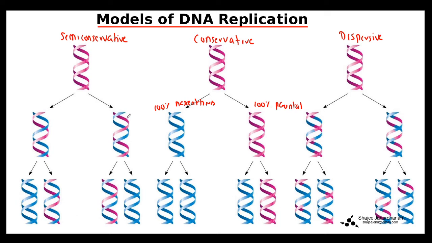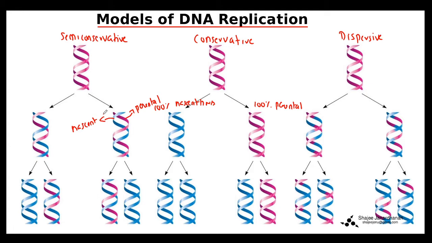That means one of the strands will be parental, and the other strand will be nascent. You can see from the figure itself that each strand is either parental or nascent. There is no intermixing of the parental or the nascent strand.